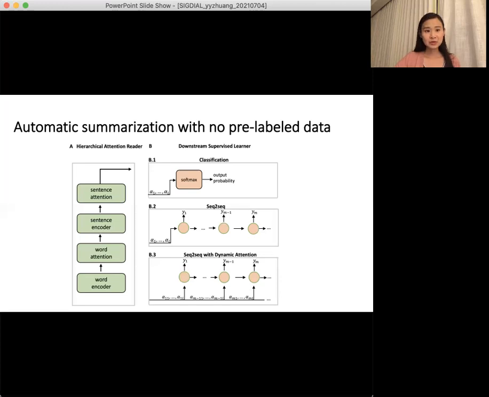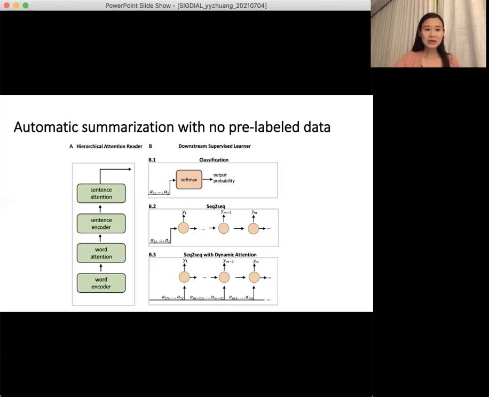When the indirect signal is a sequential output, the downstream supervised learner takes the form of a recurrent neural network decoder, whose initial hidden state is set to be a fixed length representation. However, one potential issue with this approach is that the use of a fixed length vector could cause the performance to deteriorate as the length of the input increases. This will be showcased in our experiments.